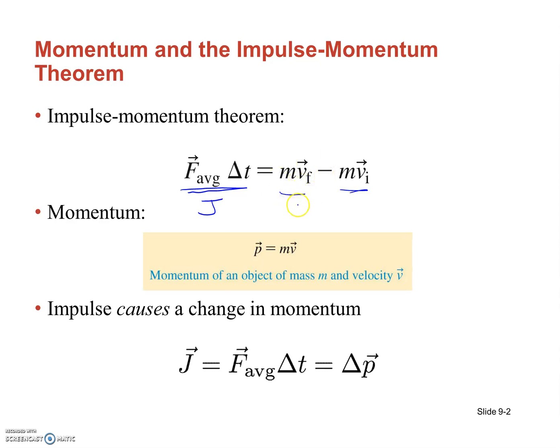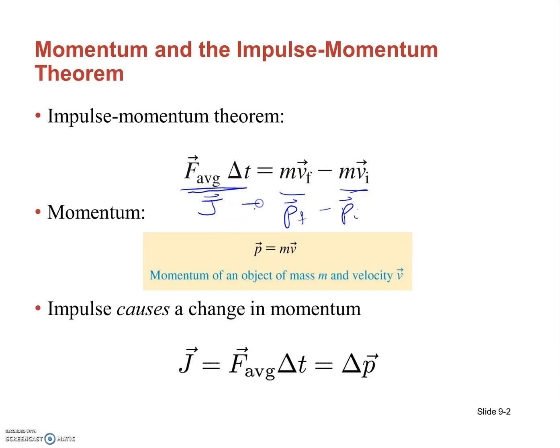The mass times velocity we're going to call momentum. Momentum has the symbol P because M has been taken already with mass. And so impulse, we can rewrite another way. Impulse is equal to final momentum minus initial momentum.